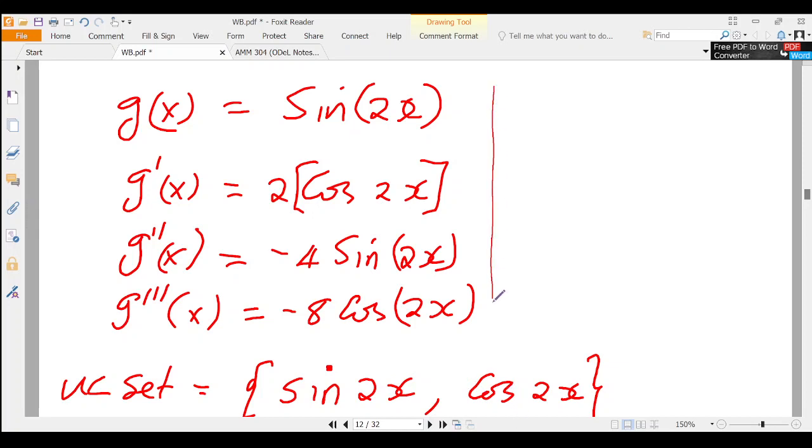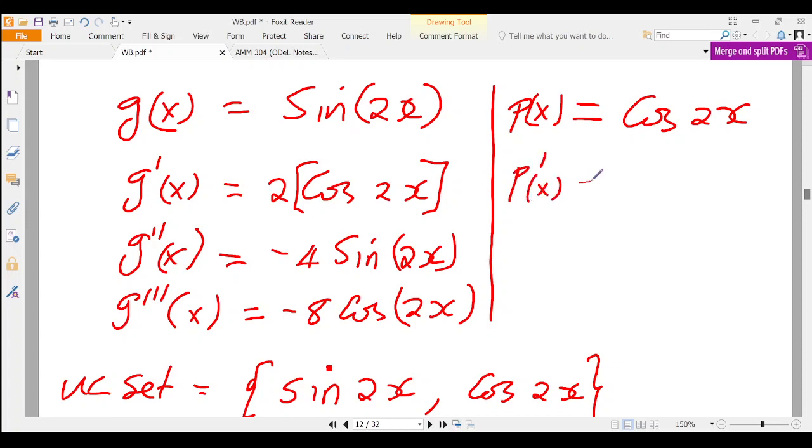Notice that it is not any different even if we started with a function which we can call p of x as cosine of 2x, because p prime would give us the sine and p double prime will give us the cosine.